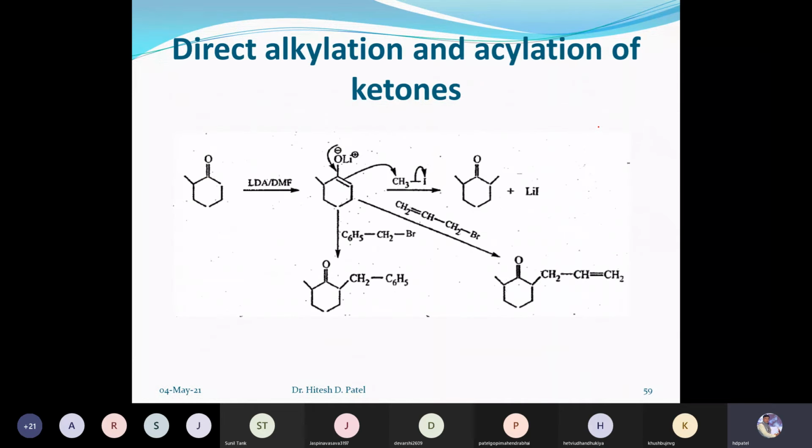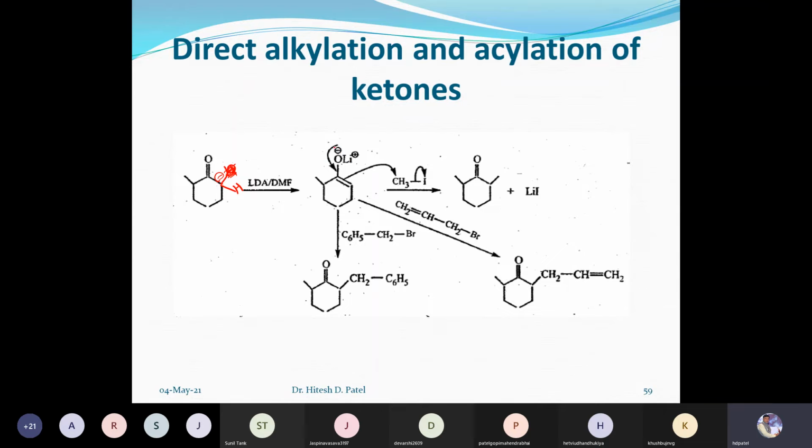How does the reaction take place? Here is an example. If we have 2-methylcyclohexanone, then by treatment with LDA, first of all we will get a negative charge by removal of this hydrogen over here, and then the electron transfer will take place, so a double bond forms over here, and O minus Li plus will form.